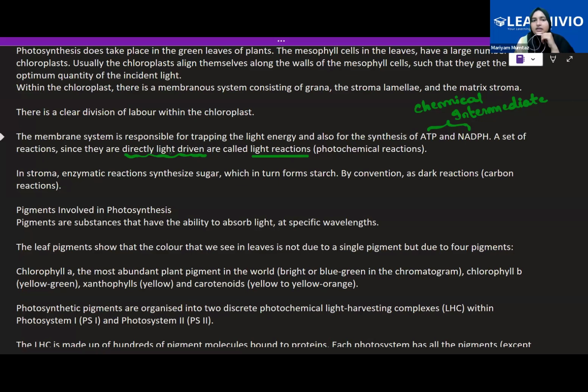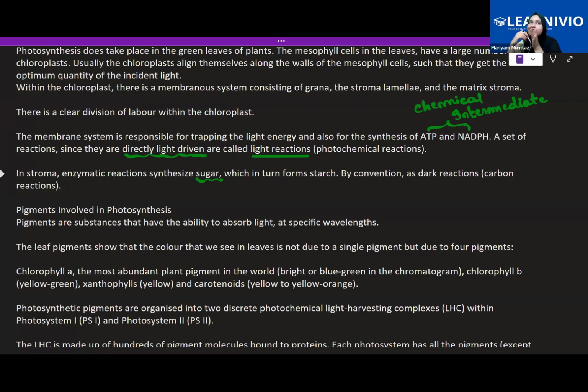In the stroma, which is the space enclosed, the sugar synthesis will happen. So basically, you people know that during photosynthesis, light energy is utilized and thereby converted into chemical energy. And at the end of photosynthesis, we have food, we have O2.